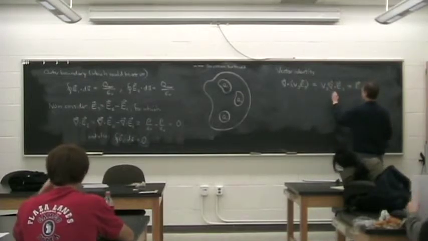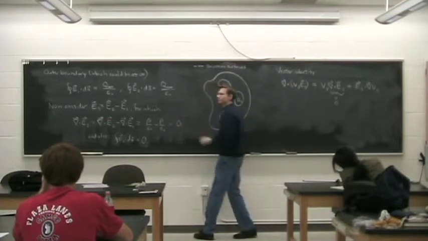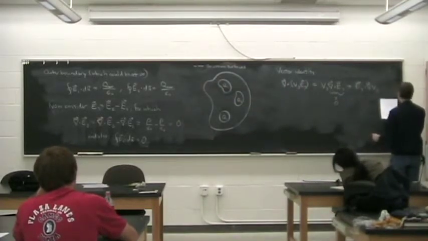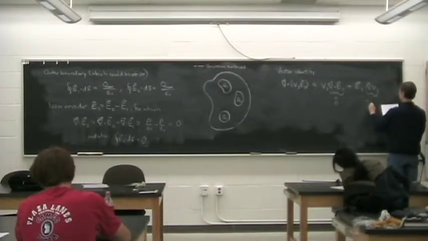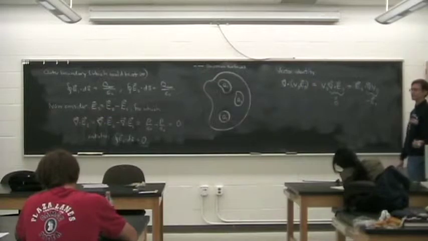Now, the divergence of E3 we just saw was equal to 0. And meanwhile, the gradient of V3 is minus E3, because when you have a potential, the electric field is minus its gradient.